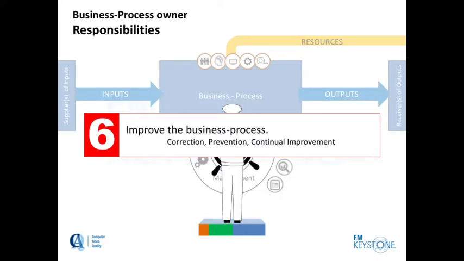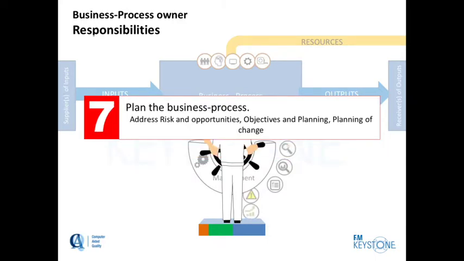6, improve the business process. The results of reviewing the process can lead to either correcting the process, preventing a problem in the process, or continually improving the process. 7.